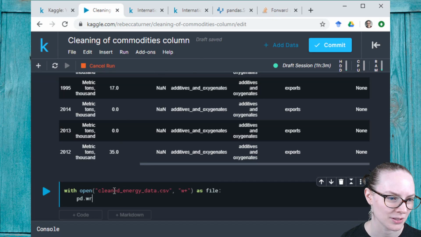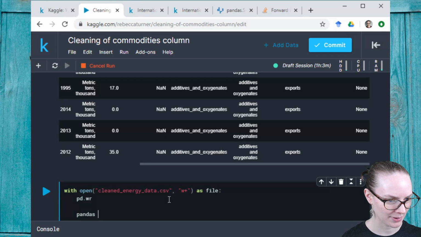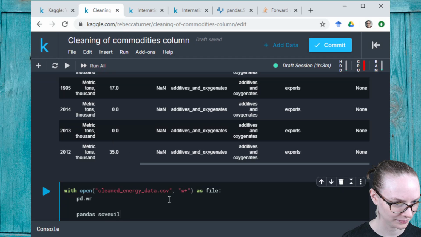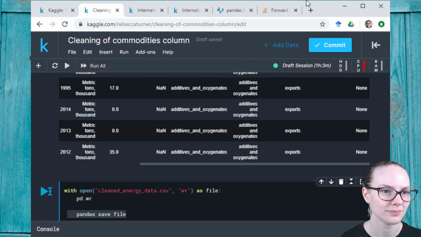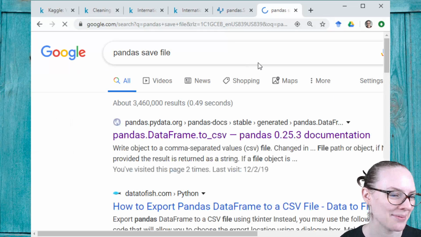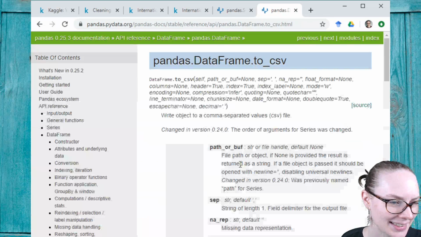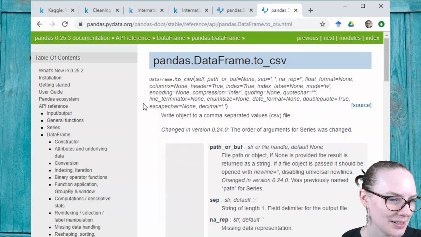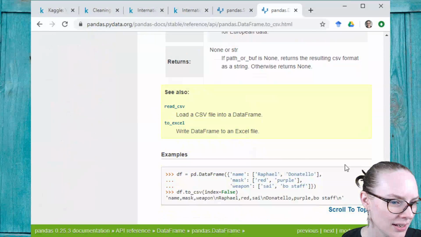I don't remember the pandas one. Pandas save. If this is actually about pandas, I'm going to be just my to CSV.